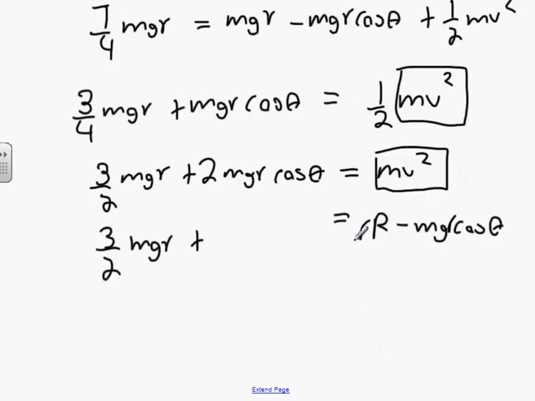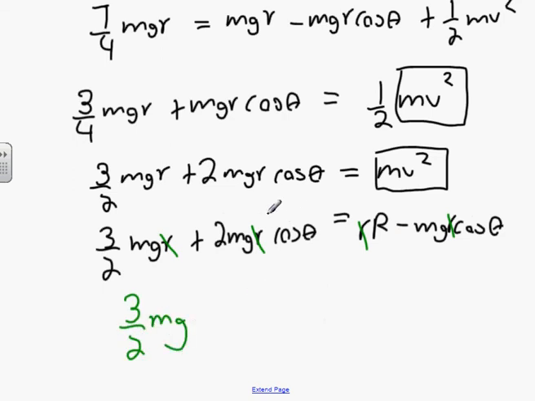So r by big R minus mgr cos theta, then we're nearly done. 2 mgr cos theta. Bring the mgr cos theta, all these small r's cancel. They're going to go off anyway. Then we're going to get 3 over 2 mg.